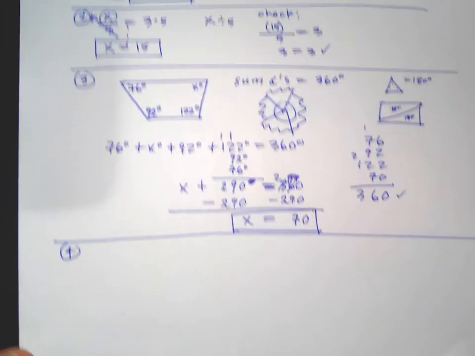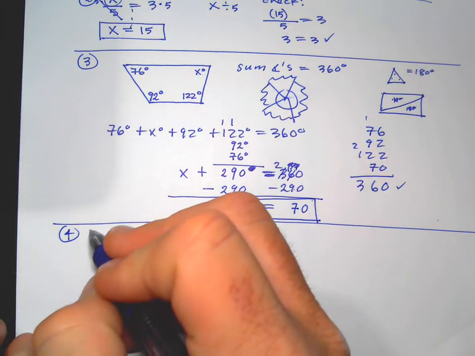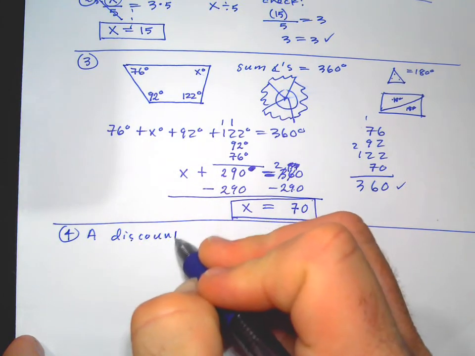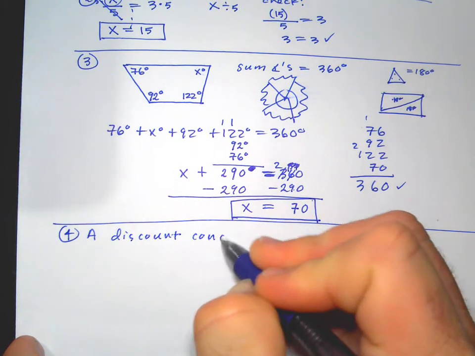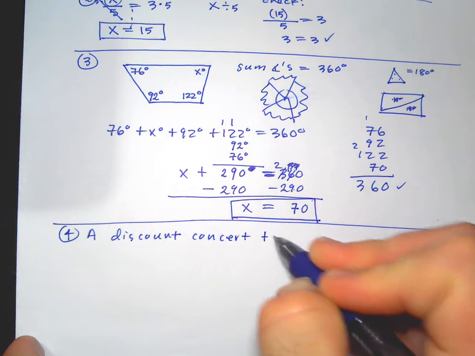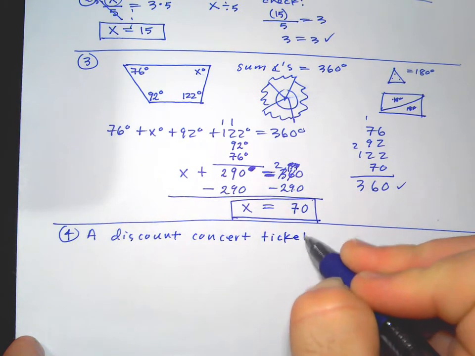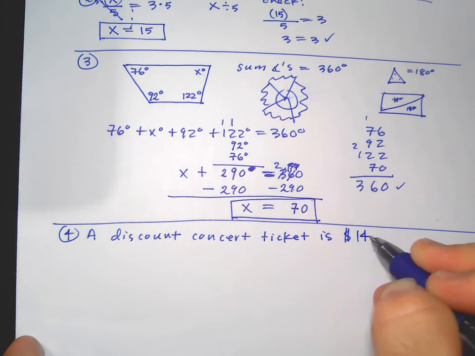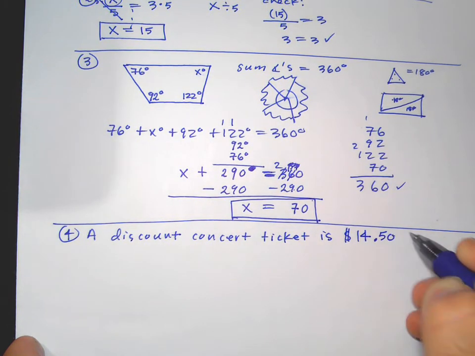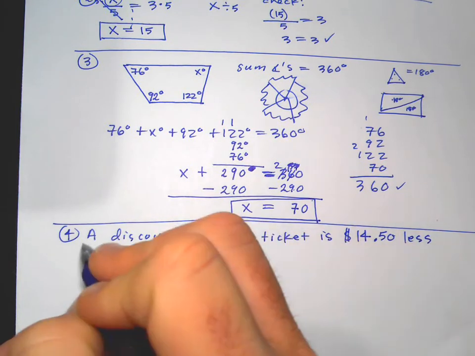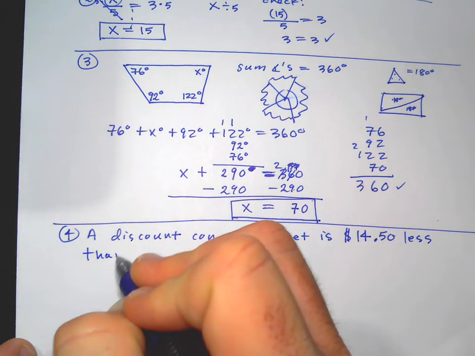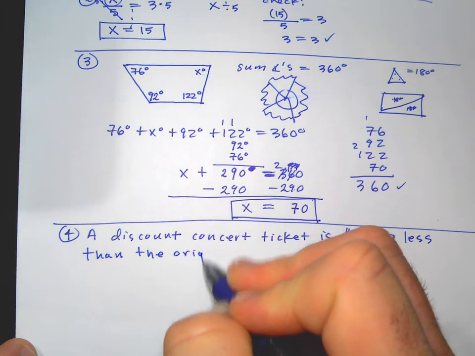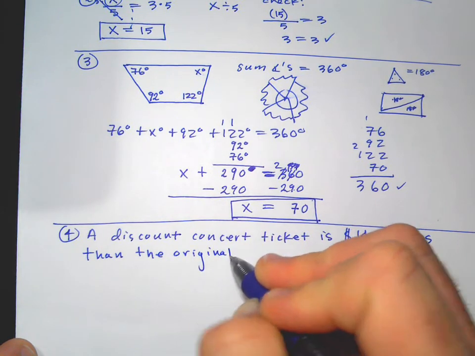So I want you to write the problem down. A discount concert ticket is $14.50 less than the original price.